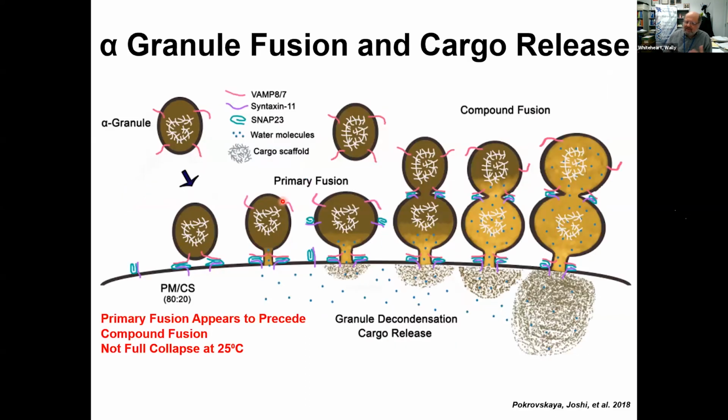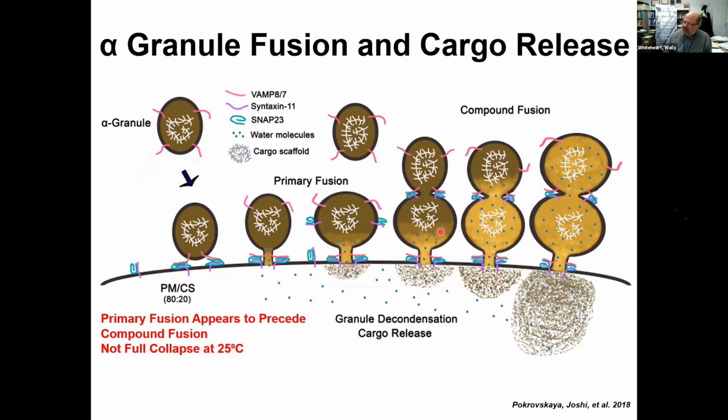And so to sort of summarize a lot of this, we've come up with this sort of scheme by which granule cargo comes out of an alpha granule. The granule docks in a particular position, the membrane fusion machinery engages, the fusion pore is initially formed, and you have buffer extracellular fluid coming in to help dissolve the cargo. The pore opening expands, dilates.